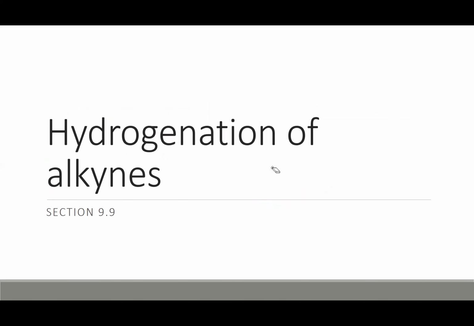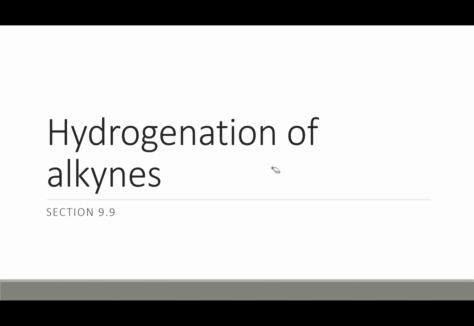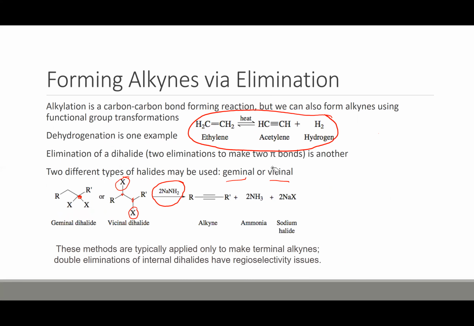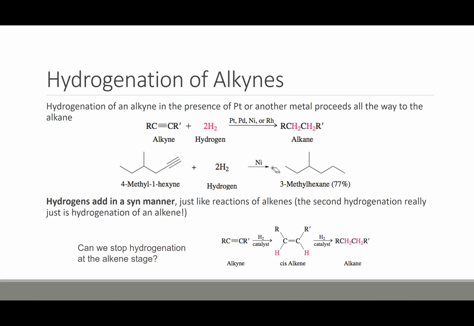Okay, let's talk about hydrogenation of alkynes. We touched on it. Dehydrogenation is the easier reaction when trying to make triple bonds. Dehydrogenation, that's going from a double bond to a triple bond. But here we're talking about hydrogenation, the opposite, which is adding hydrogen to a triple bond to go back to a single bond.